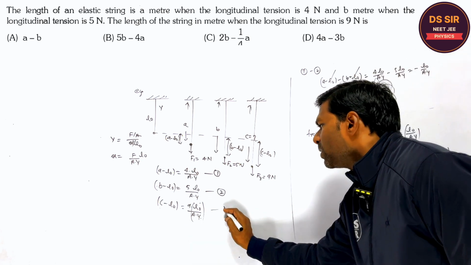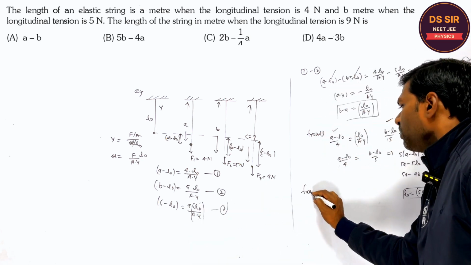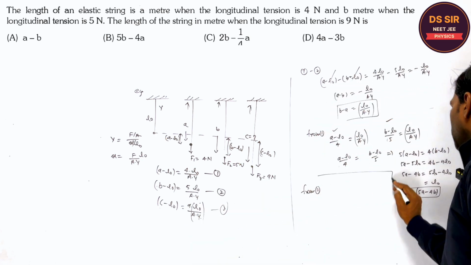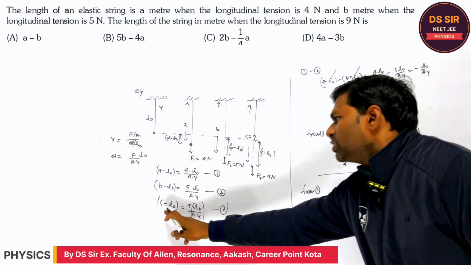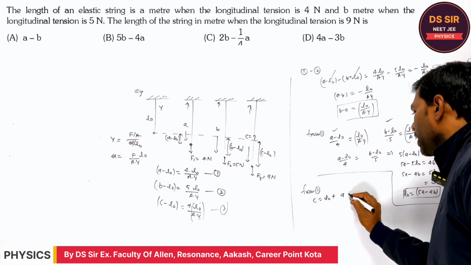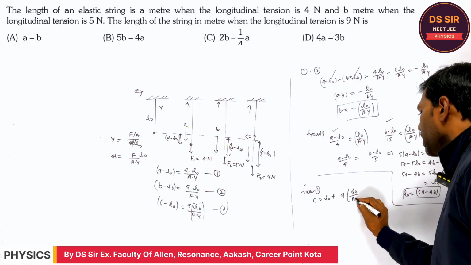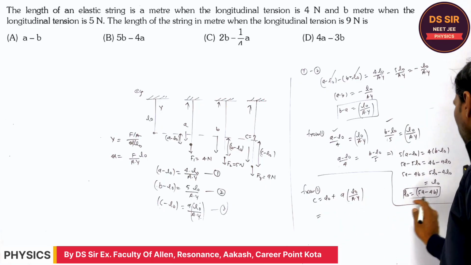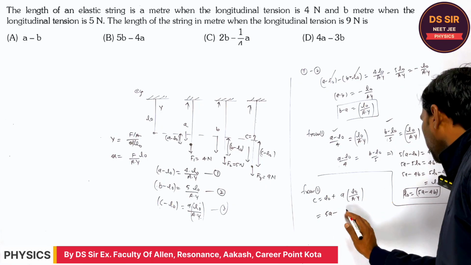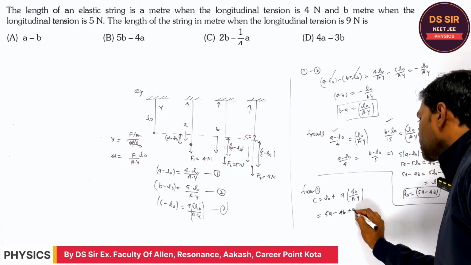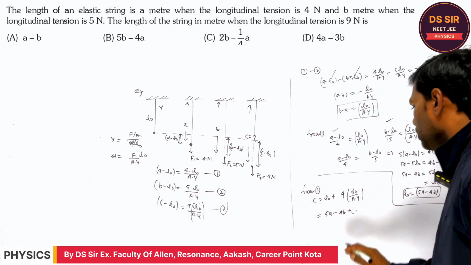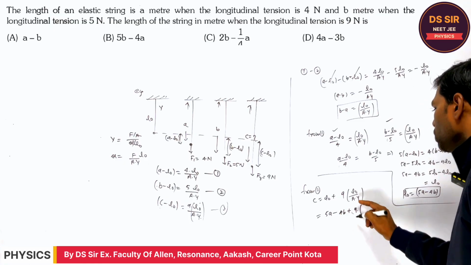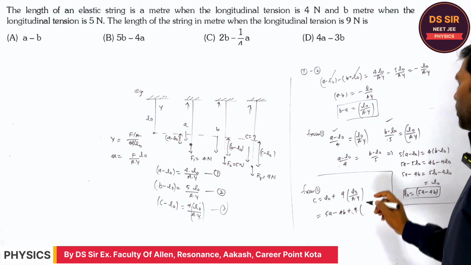Now from equation third, C is equal to L0 plus 9 into L0 upon AY. The value of L0 is 5A minus 4B plus 9. It is 9, not A. 9 into what is L0 upon AY?